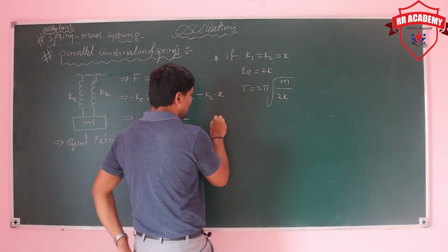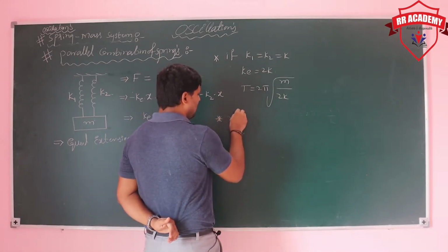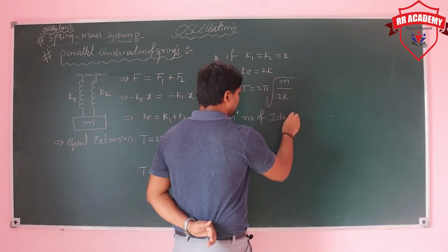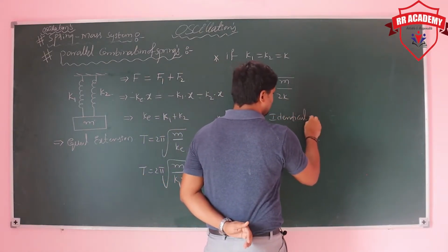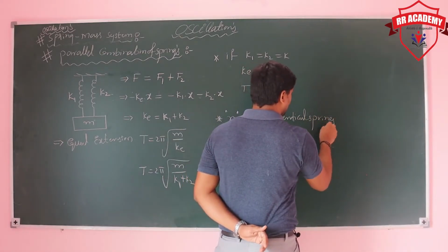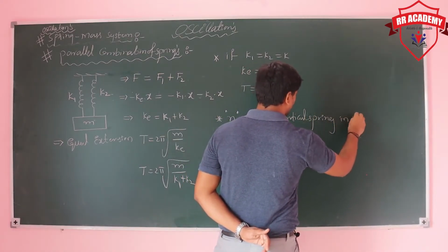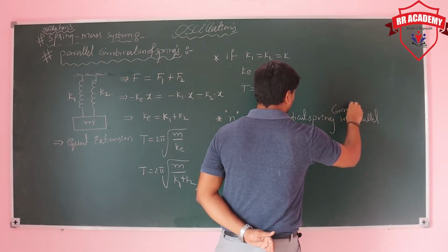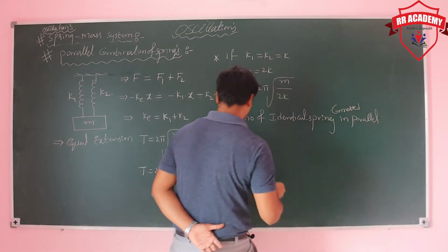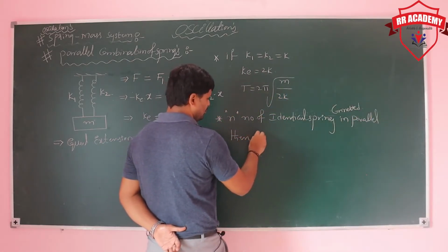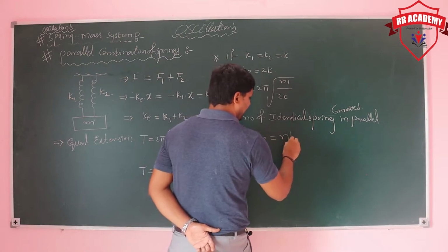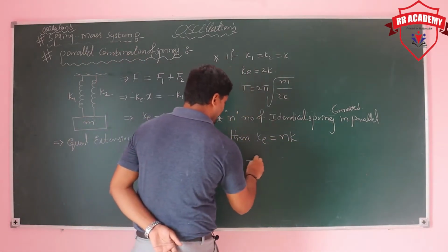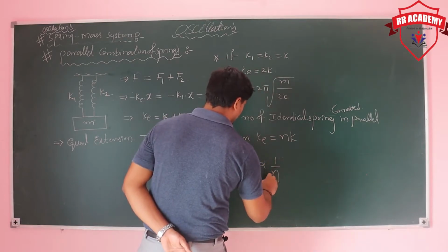See here, we are considering n number of identical springs connected in parallel. Then k effective is going to be n times k. The k value is increased by n times. Then the time period is decreased by root n times.